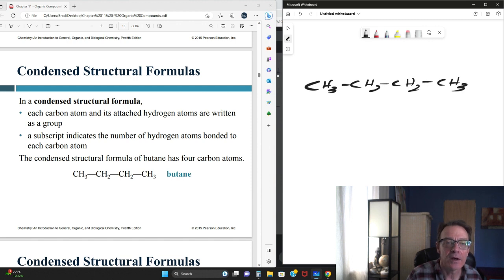So butane: 1, 2, 3, 4 carbons. So this is the condensed structural formula.